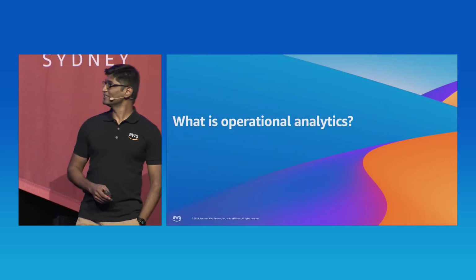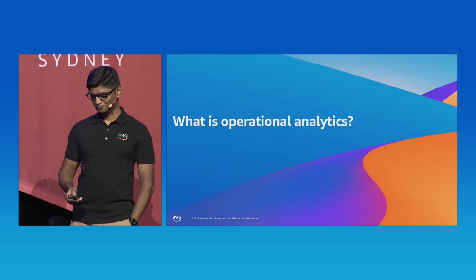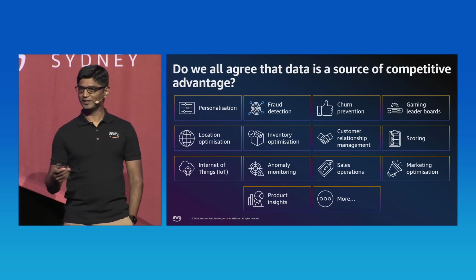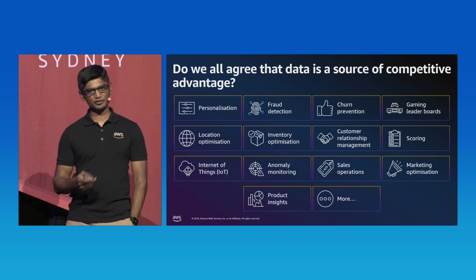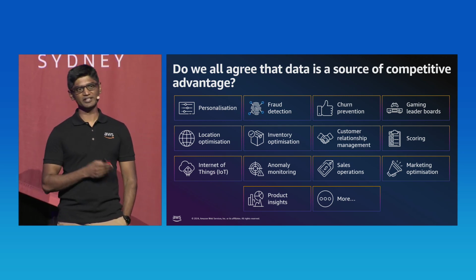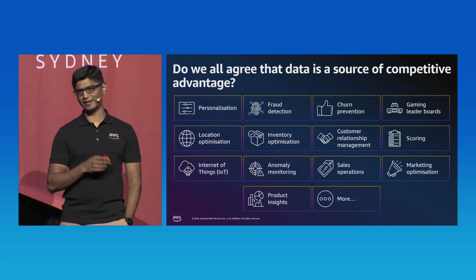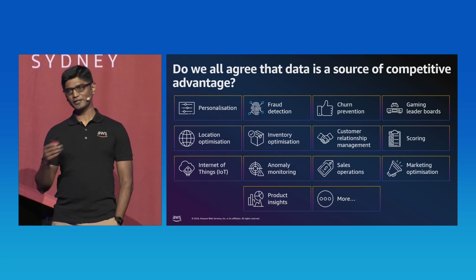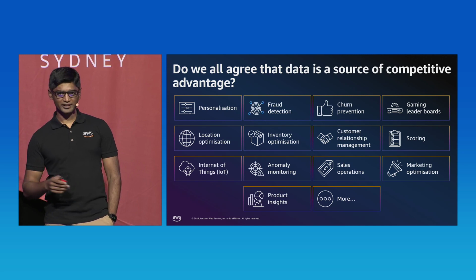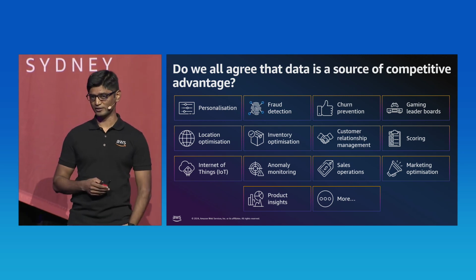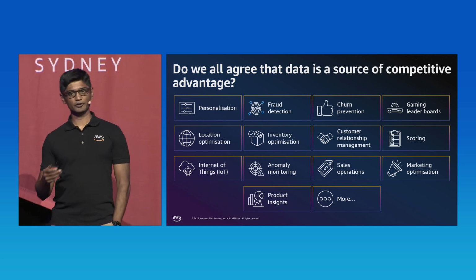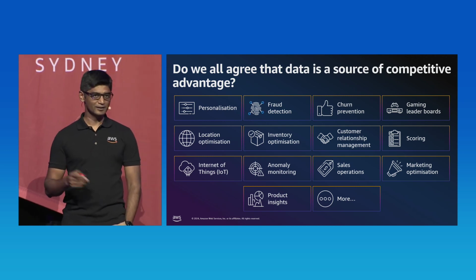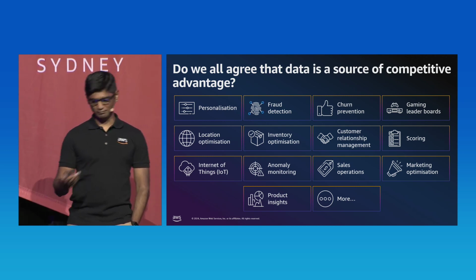So first, let's discuss what is operational analytics. As customers become more and more data-driven and start to use data for strategic advantage, there is an increasing need to access near real-time analytics for your operational data. There are several use cases that go with operational data. First one is personalization. For example, if you want to offer your customers the best experience based on their own preferences and needs, you can use operational analytics.